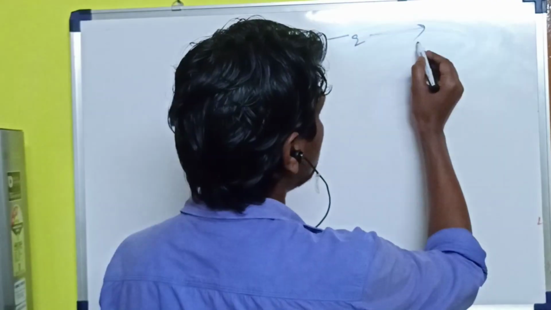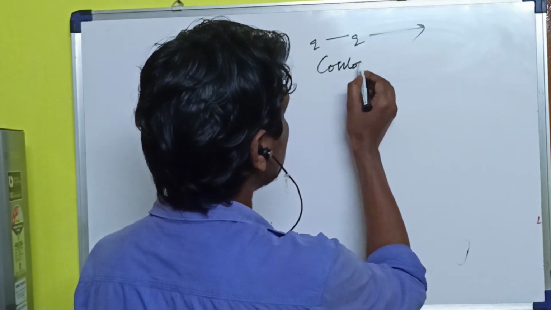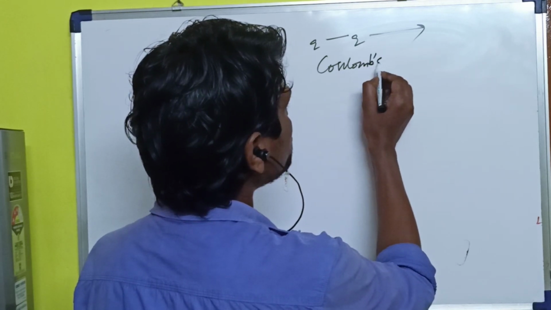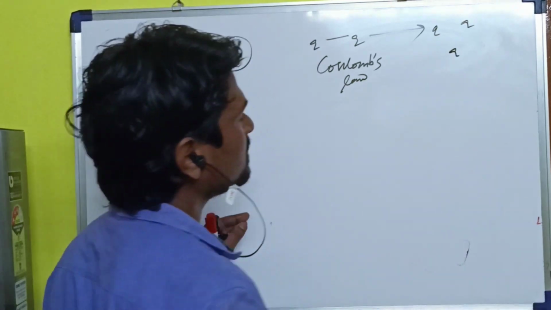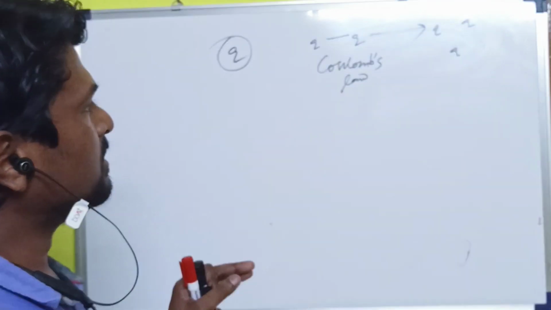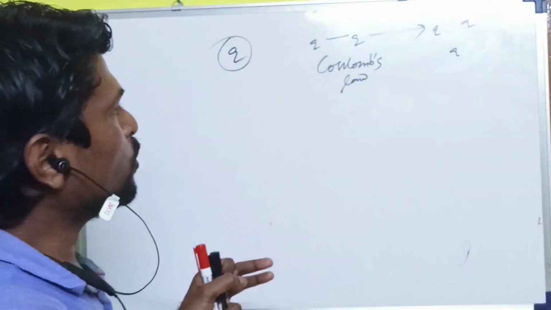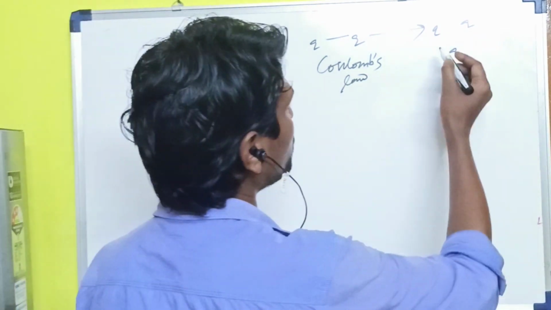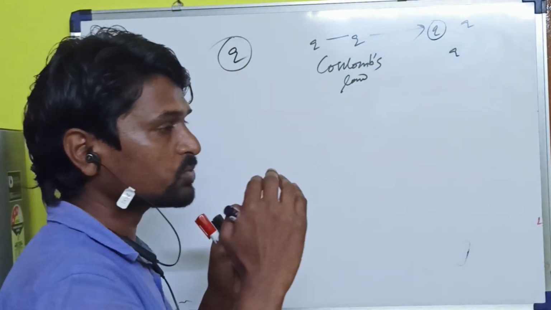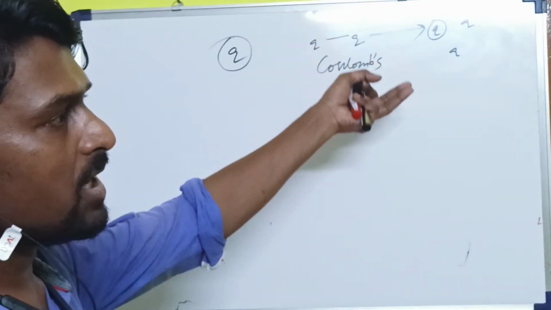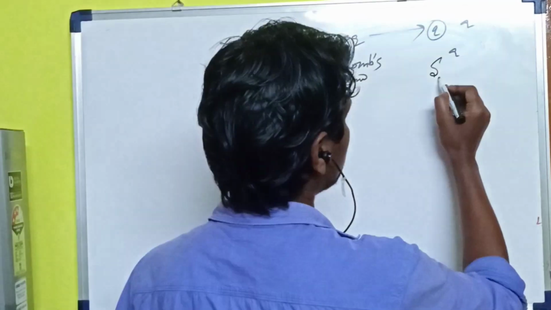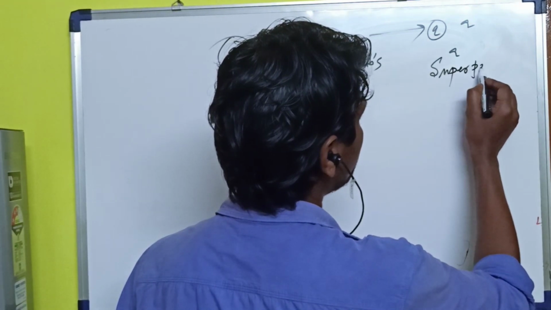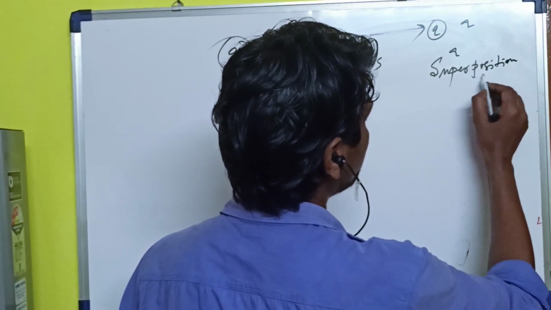Electrostatics means the superposition principle. When more and more charges are gathered at a particular position and we calculate the force upon a particular charge, then we can apply the superposition principle.